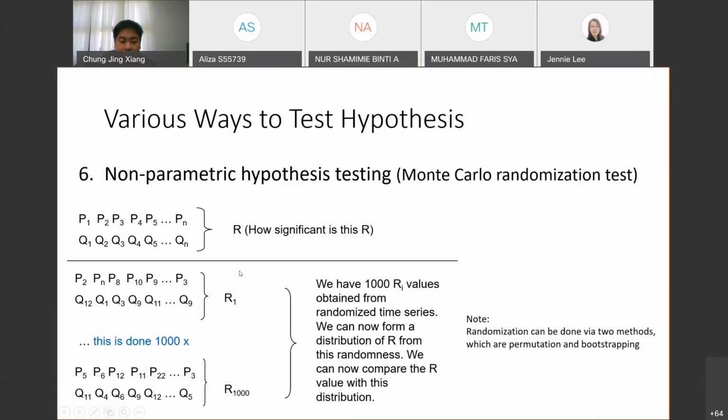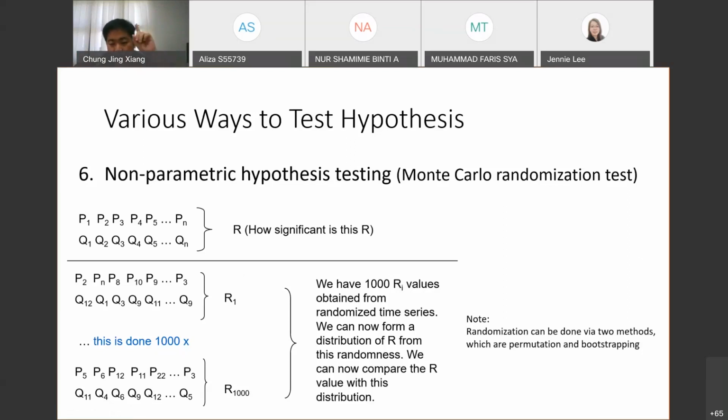Do the same thing for Q. You randomize the Q, rearrange it, shuffle it, like shuffling cards. You shuffle the P, you shuffle the Q, and you calculate R. That is R1.